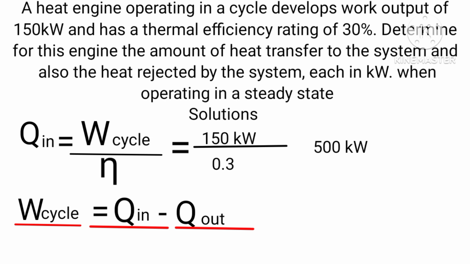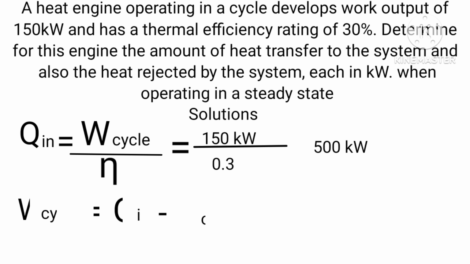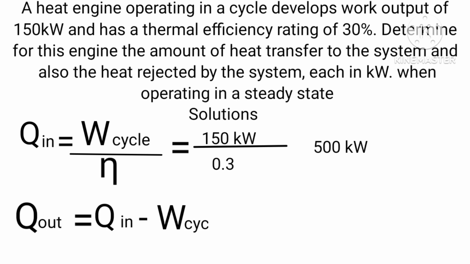They said that we should find the amount of heat rejected from the system. We find the subject formula for Q out, because Q out is the amount of heat transferred out of the system. So Q out equal to Q in minus W cycle.